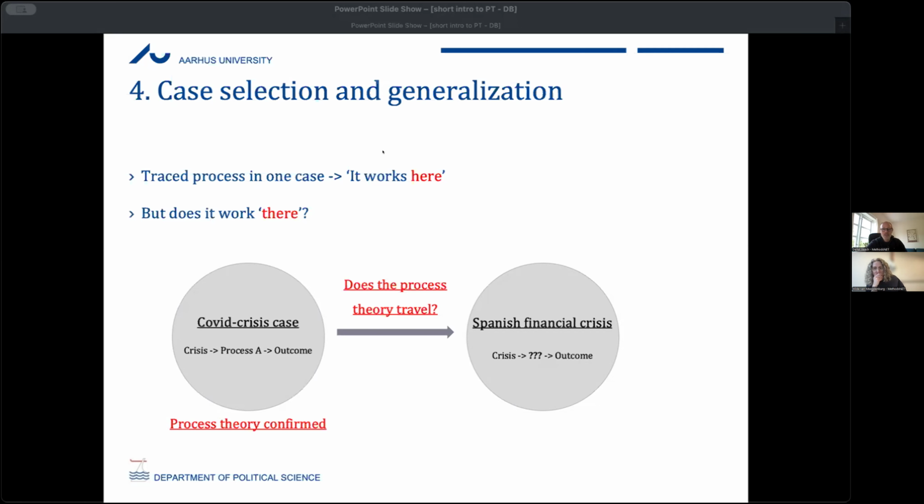There's one in the chat. Can you do process tracing when you don't have a theory in advance? Yes, yes, yes. Actually, I think you probably never really have the final process theory at the start. We often have an idea of some kind of relationship, but I don't think I've ever actually started with the final process theory.